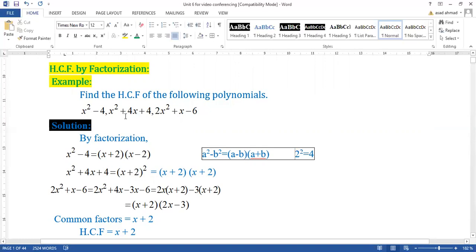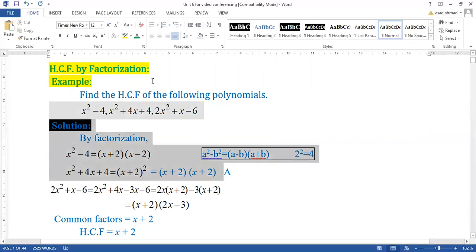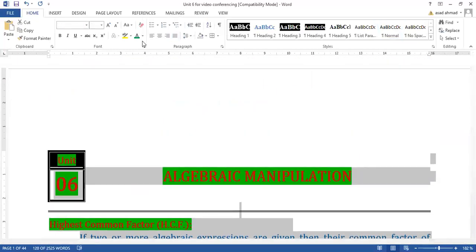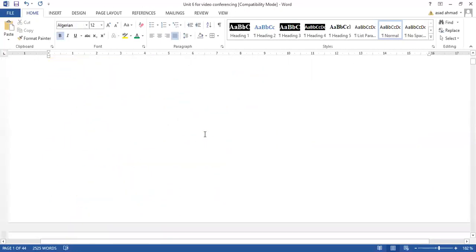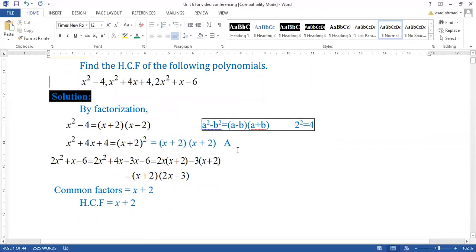Then the next term, x square plus 4x plus 4, is the factorization of an expression which is called the whole square formation.